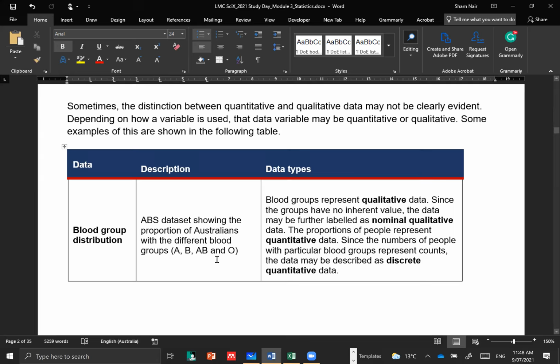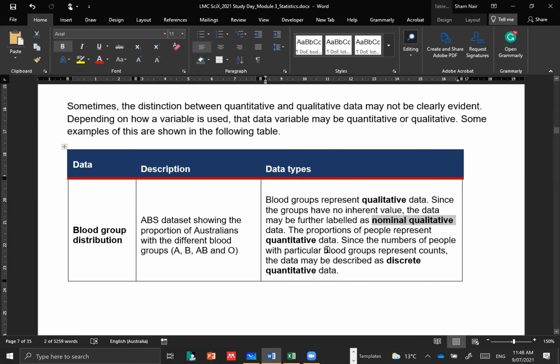Let's say you go to the Australian Bureau of Statistics, which has data sets on the proportions of Australians in the A, B, AB, and O blood groups. Now, think carefully about that data. Blood groups themselves are qualitative because we've got A, B, and O. There's no specific rank order to the groups, so we say that they are nominal qualitative data.